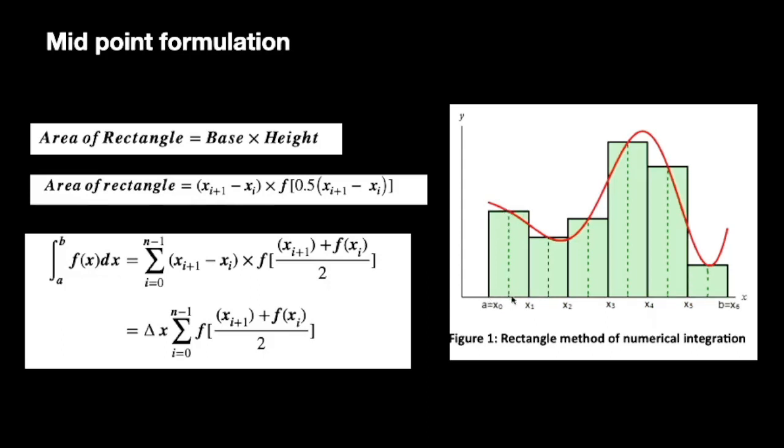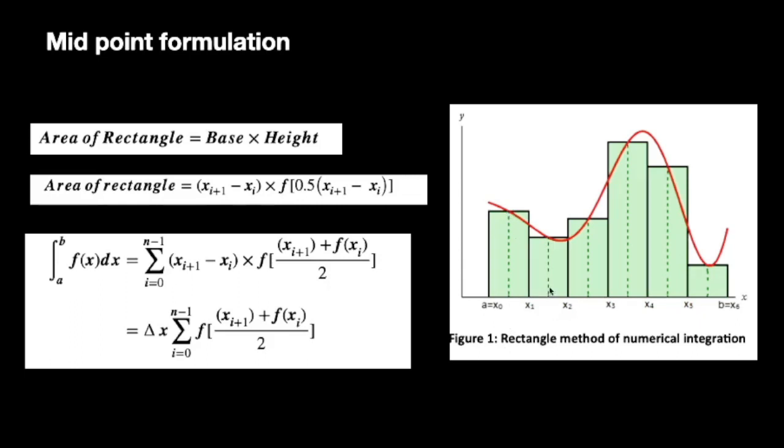Now the question is, what is this height? This height we will measure at the midpoint of the strip. So if I take this strip, I will find its midpoint and then measure the height. The value of the function here will give me the height of this strip.